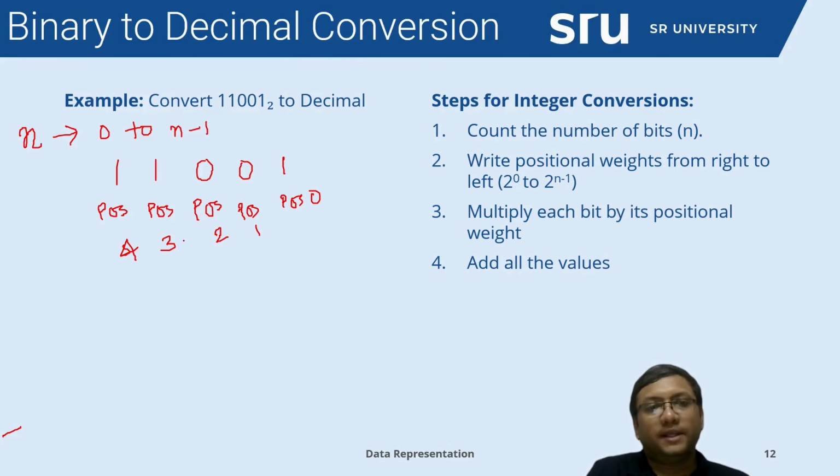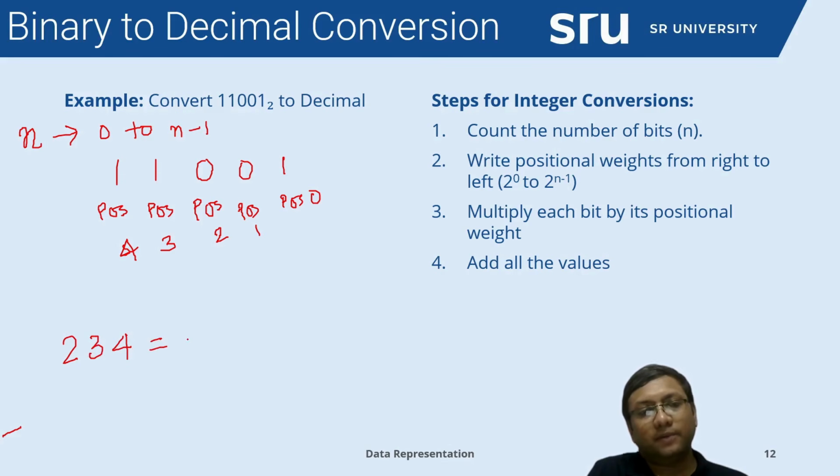So when the positions have been obtained, then what we will do, we know that the base of binary is 2. So that is why we need to write proportional weights for the bits. Okay, so weight means just like in decimal, for example 234, this example we have taken.